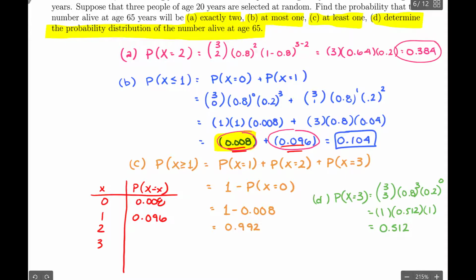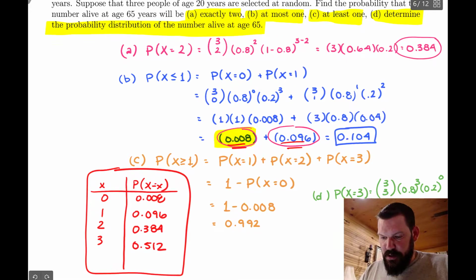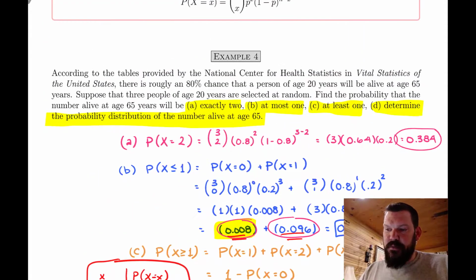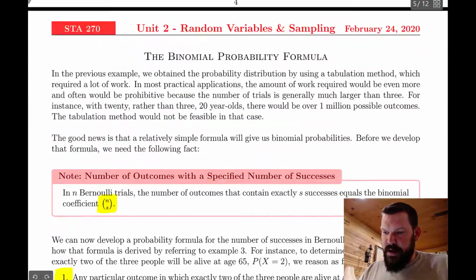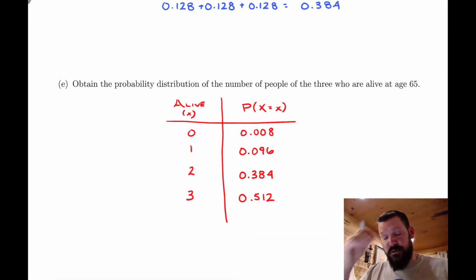The probability of 2 is what we calculated in part A. And the probability of 3 is 0.512. So we used the binomial distribution formula, and we came up with this probability table. If you look up at the probability table we generated earlier using the addition formulas, we have the exact same values.